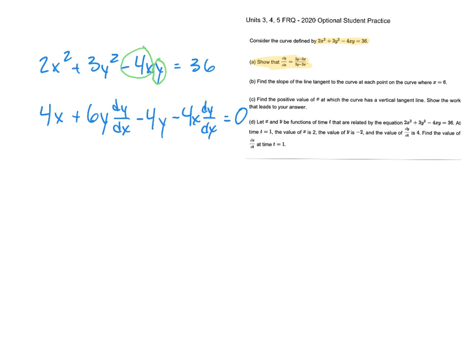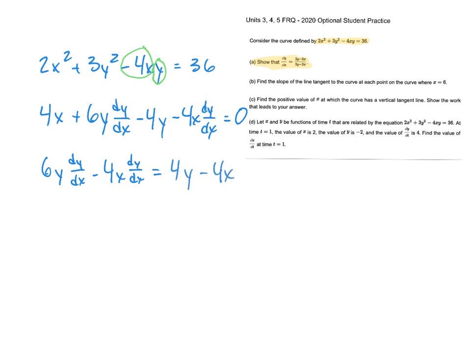Okay, so we've got some like terms. I'm going to collect the dy over dx terms on the left. That would be 6y dy dx minus 4x dy dx. And then I'll collect the non-dy dx terms on the right here. So I'm going to add 4y over and subtract 4x.